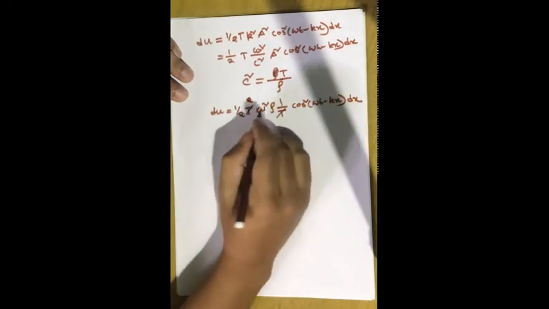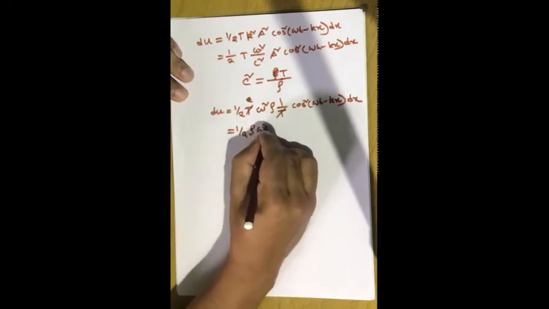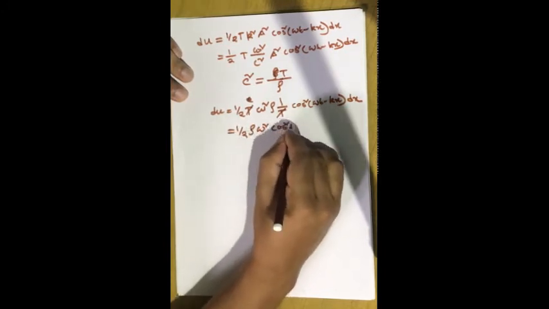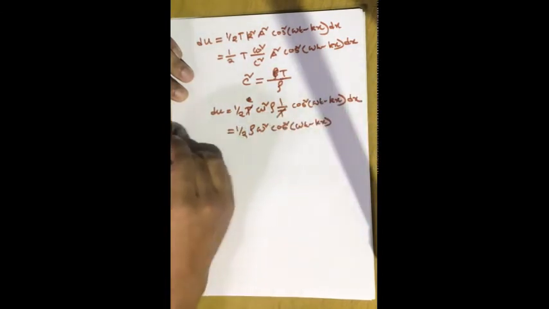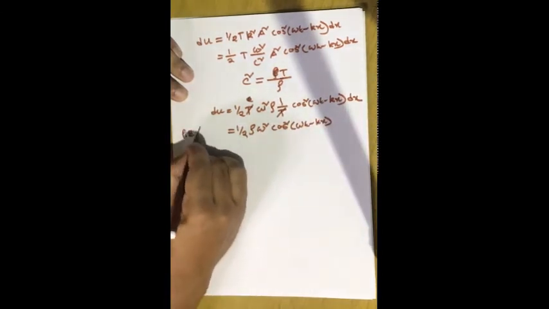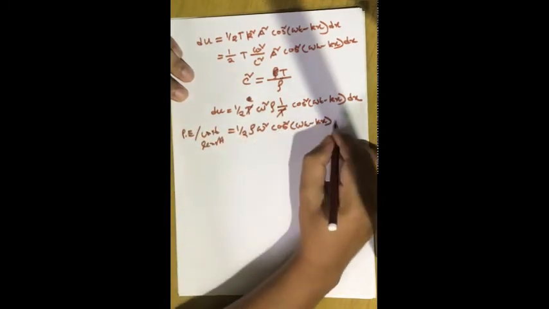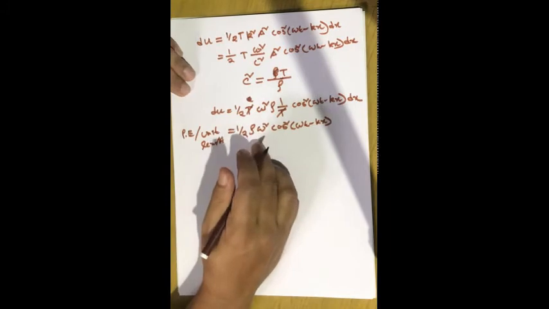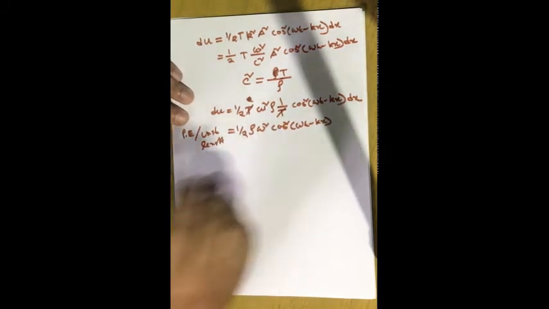So T gets cancelled out. This will be equal to half rho omega square cos square (omega t minus kx) into dx. So if we take potential energy per unit length, it will be equal to this value. Half rho omega square cos square (omega t minus kx).